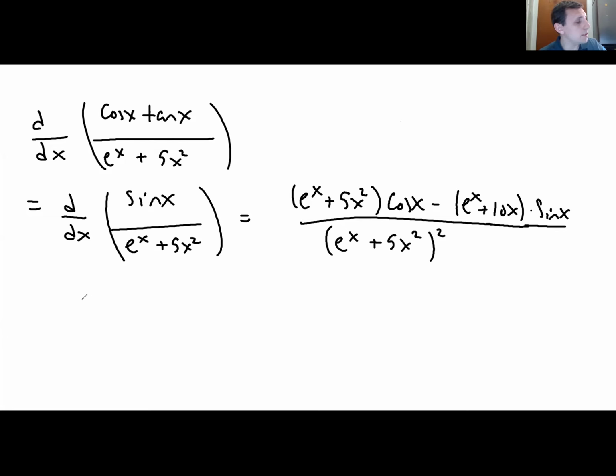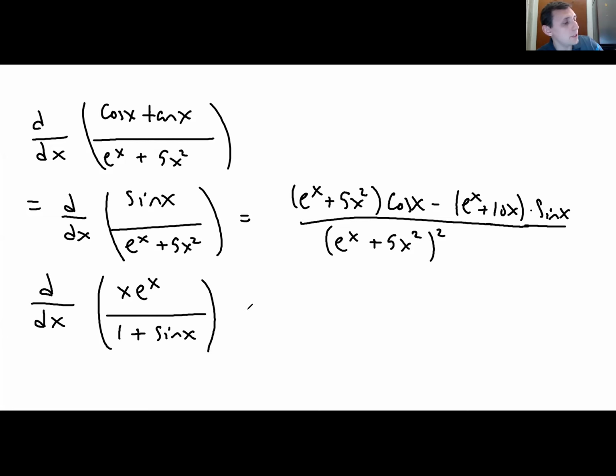By the way, if you had a situation like this, where you take the derivative, let's say, of x e to the x divided by 1 plus sine x, yes?